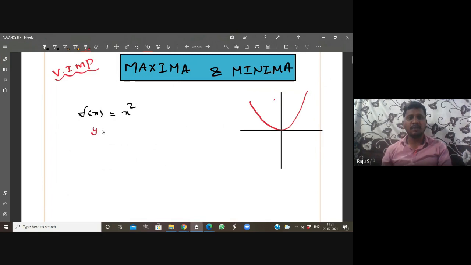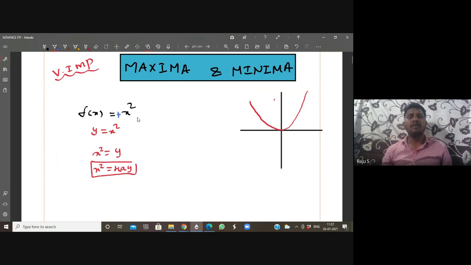f of x, nothing but y, is equal to x square, means x square is equal to y. So it is in the form x square is equal to 4ay, which is a parabola. It always opens upwards because the x square coefficient is positive here. Whenever it is positive, it opens upwards.